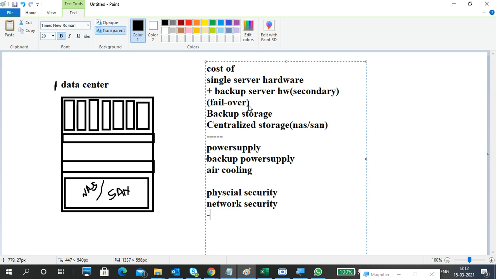I'm waiting. Network security means access for the user, okay, so user access controlling.